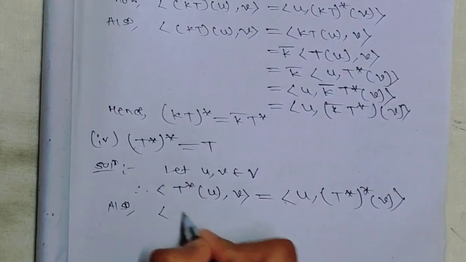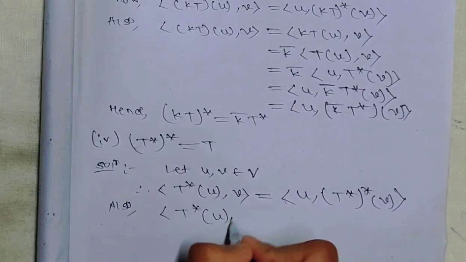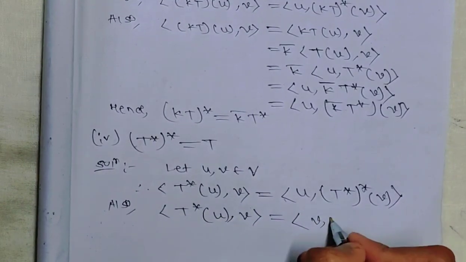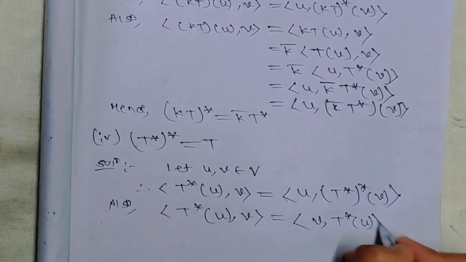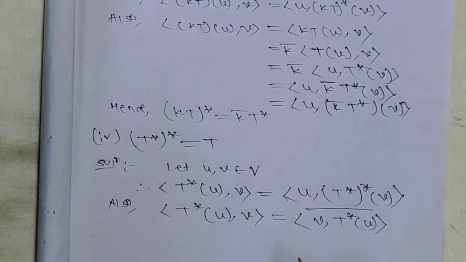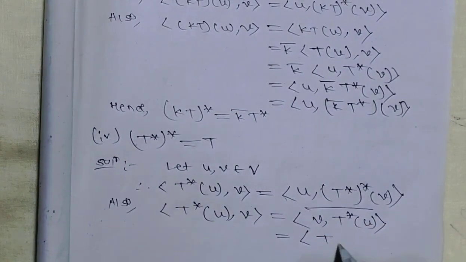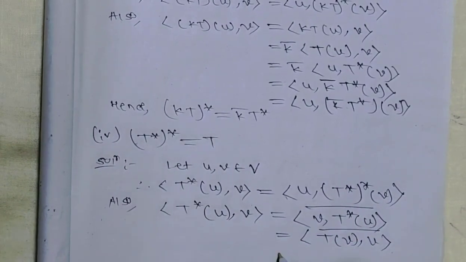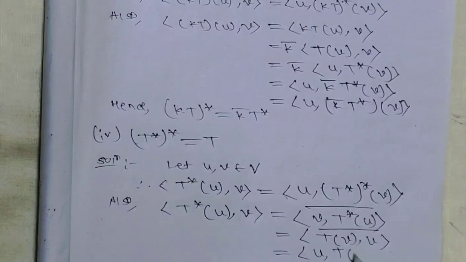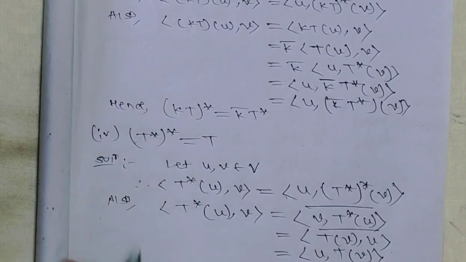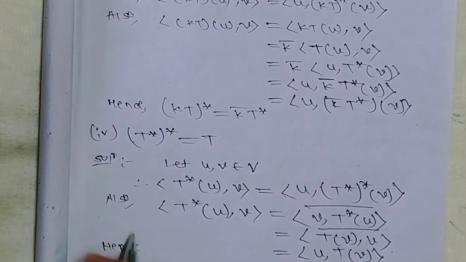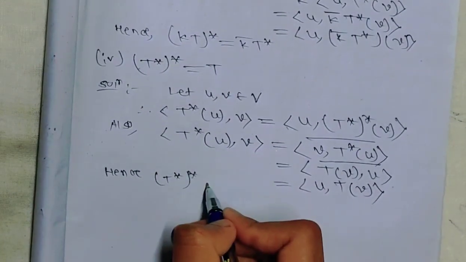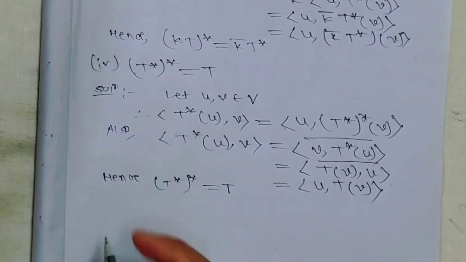Also inner product of T star of u comma v equals inner product of v comma T star of u whole bar, that equals T of v comma u whole bar, that equals u comma T of v. Hence T star whole star equals T, proved.